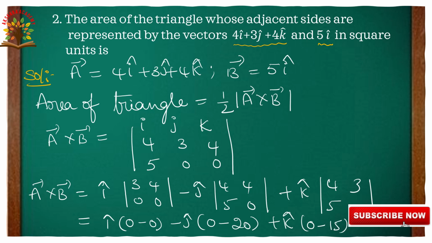So A bar cross B bar equals 0 i bar plus 20 j bar minus 15 k bar.